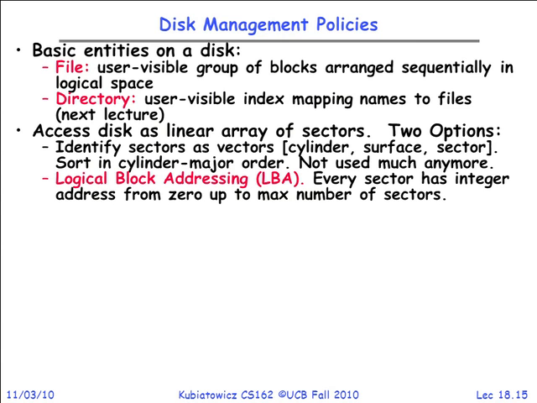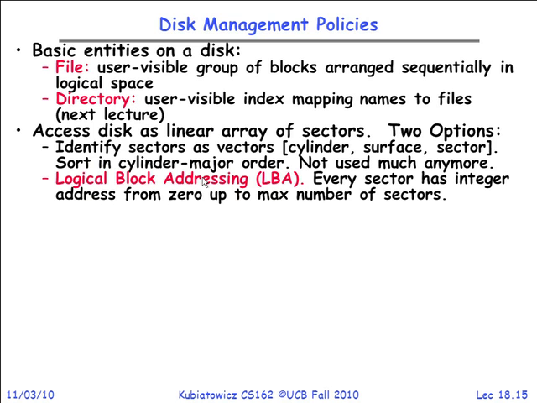Now, some things that are a little unfortunate about that is, for instance, you're completely hidden from what's on the same cylinder surface sector. You don't know that anymore. The best you can guess is that 2 block addresses that are close to each other are close on the disk. That may not be entirely true, but it's probably a pretty good guess. The other thing is typically firmware on modern disks filter out bad blocks.